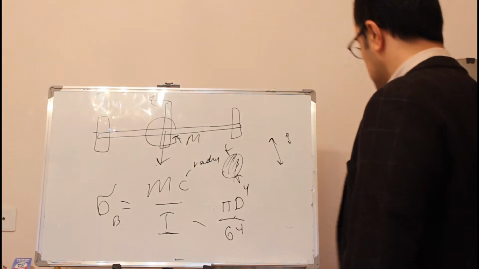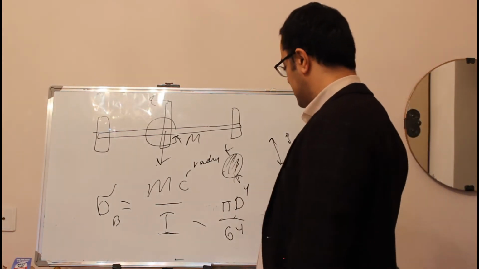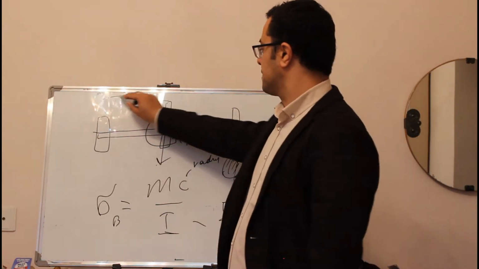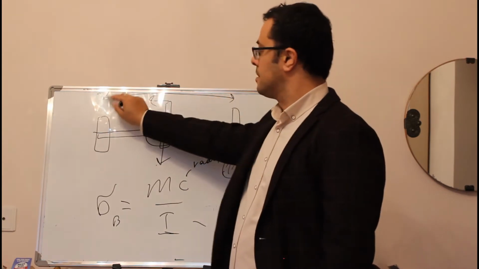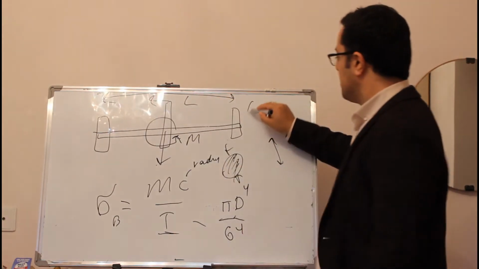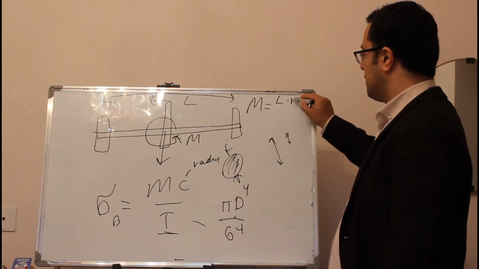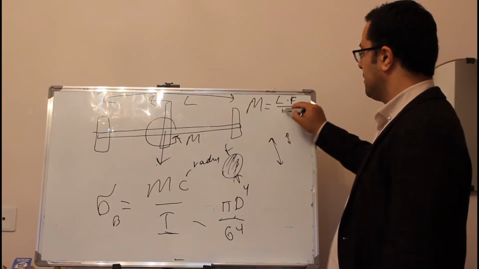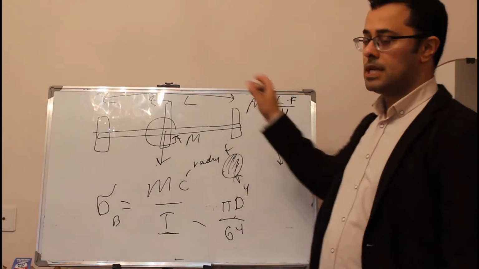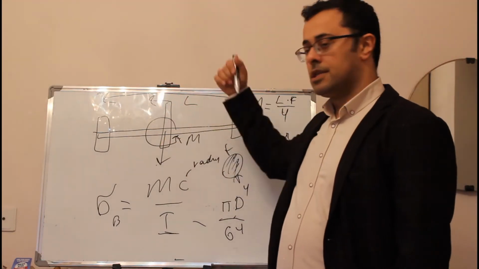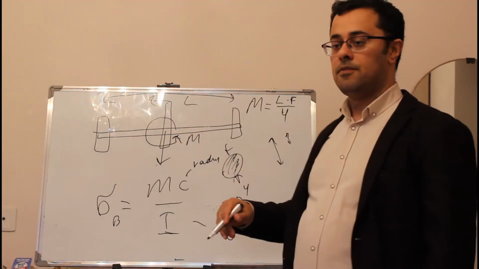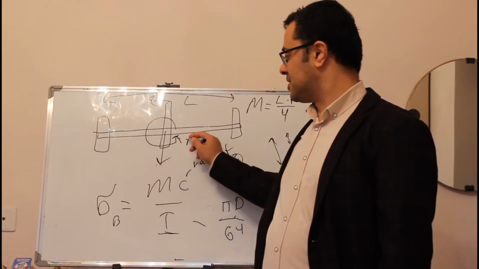So it's moment equal to L times force divided by 4. So it's L, force is the radial force, divided by 4 plus the moment generated here.